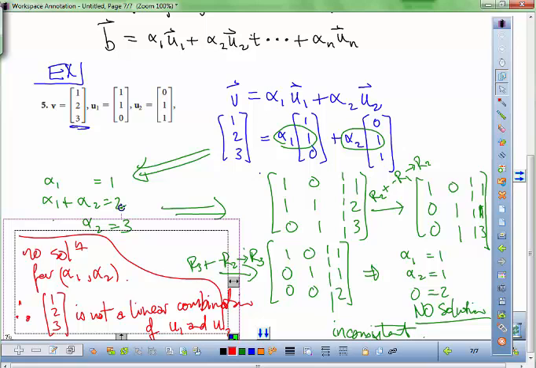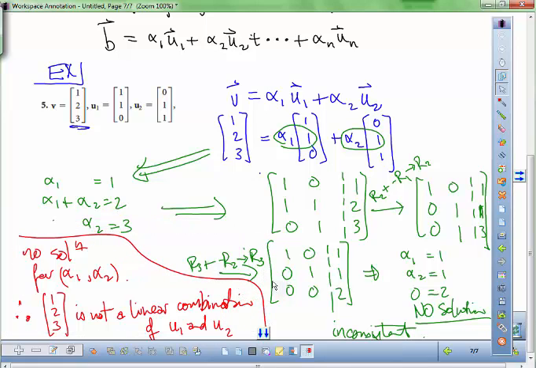There's some cool graphics associated with this whole business about linear combinations if we stay in 2D and 3D.